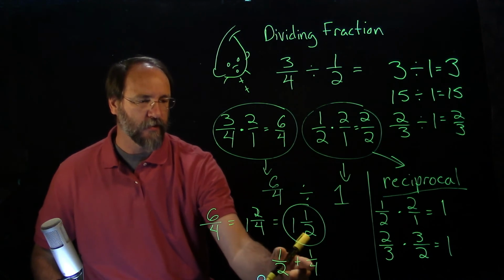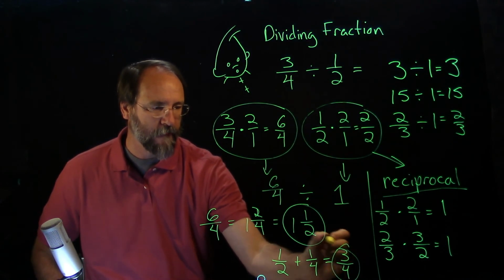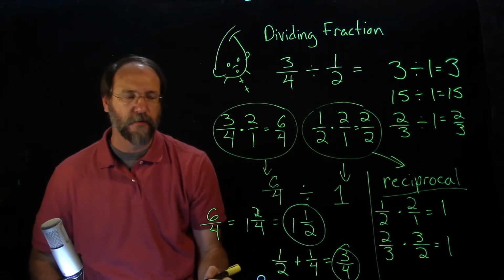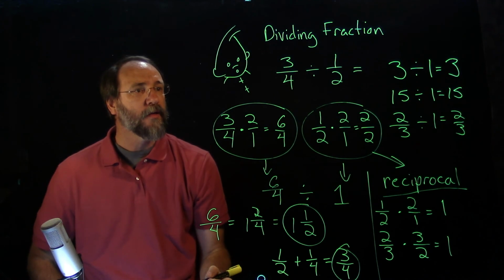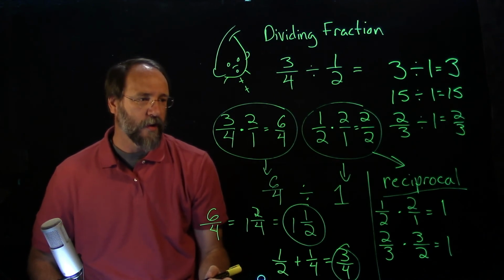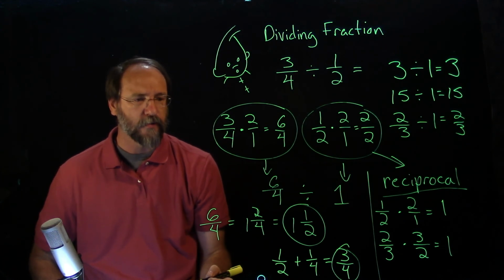A half plus a quarter gives us 3/4. And that's what we started with. So this is a way of looking at dividing fractions using ideas around dividing by 1 and using reciprocals. Hope this was interesting for you.